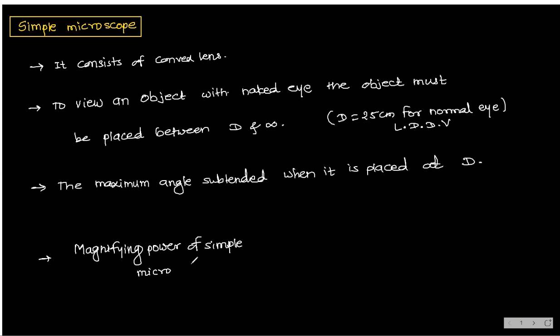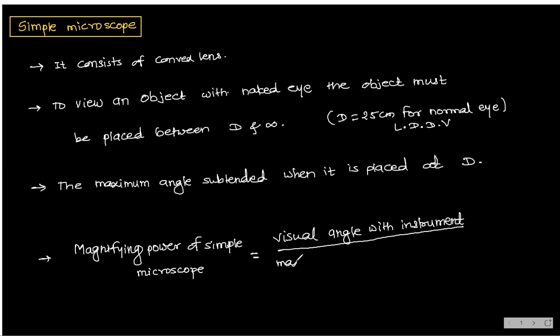Magnifying power of simple microscope is equal to the visual angle with instrument divided by the maximum visual angle for unaided eye.